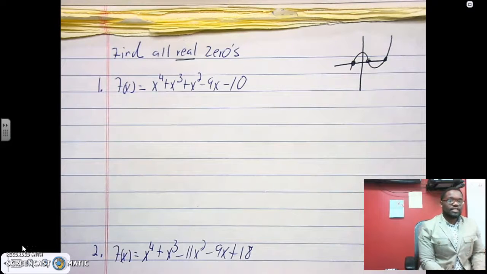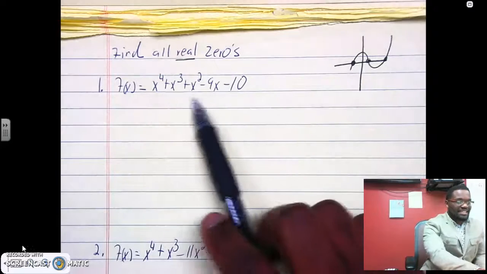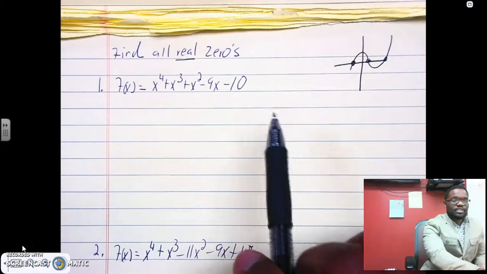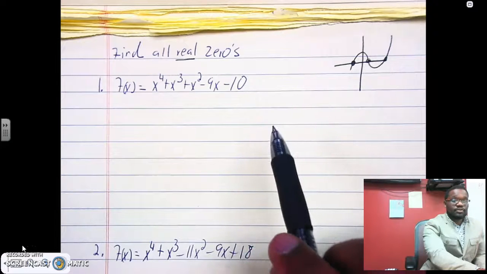So the way this works is you'll notice that I don't have anything to go off other than this equation. And so I need some numbers that could potentially be zeros, all right?